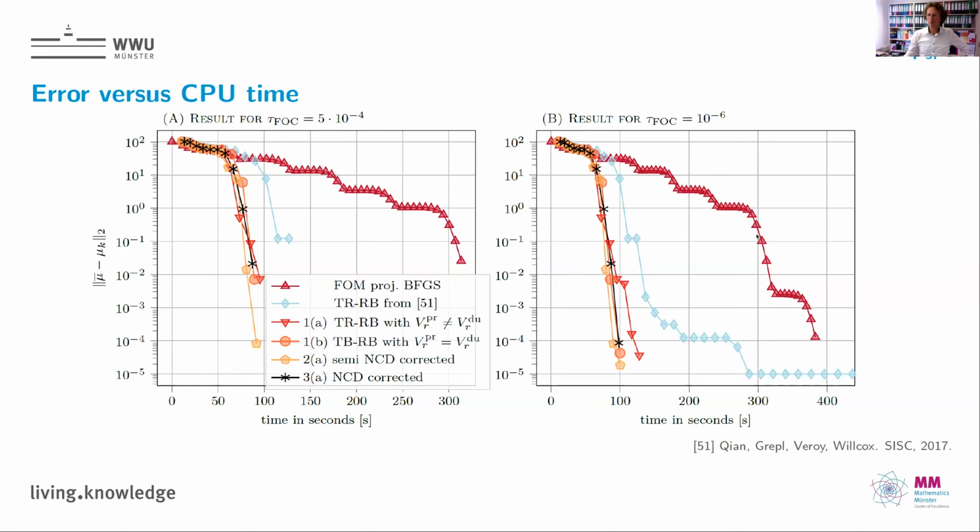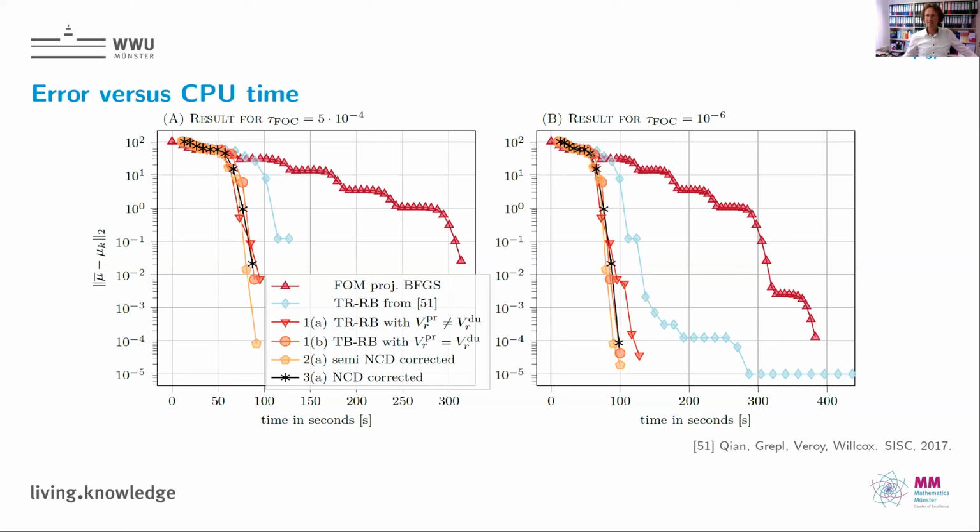So this goes down with a certain speed for this method, and we compare with the trust region reduced model approach that I showed you before, where you see there is no offline time. So there is no time that we use to create in an offline phase a reduced model, but we train and learn the reduced model during the first steps in the optimization loop, and therefore the curve here, the error versus real CPU time, follows more or less the curve of the full order model.